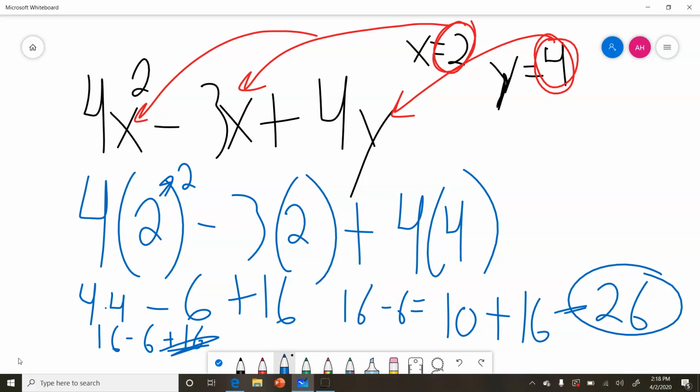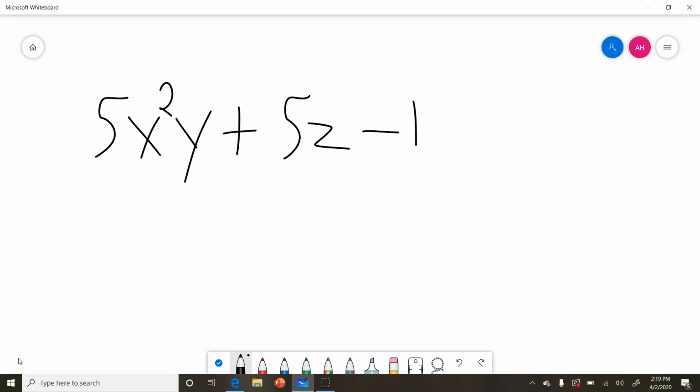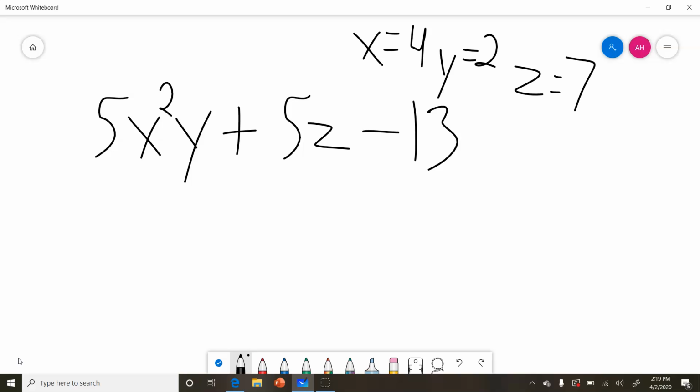I hope you understand that. I'm going to do one more real quickly, in case you got confused. Let's say we have 5 x squared y plus 5z minus 13. And we're going to say x equals 4, y equals 2, and z equals 7.